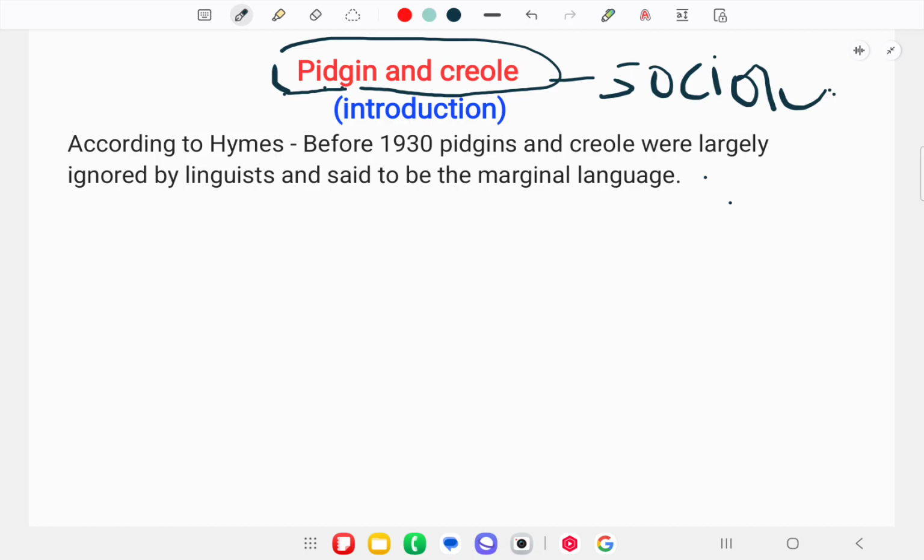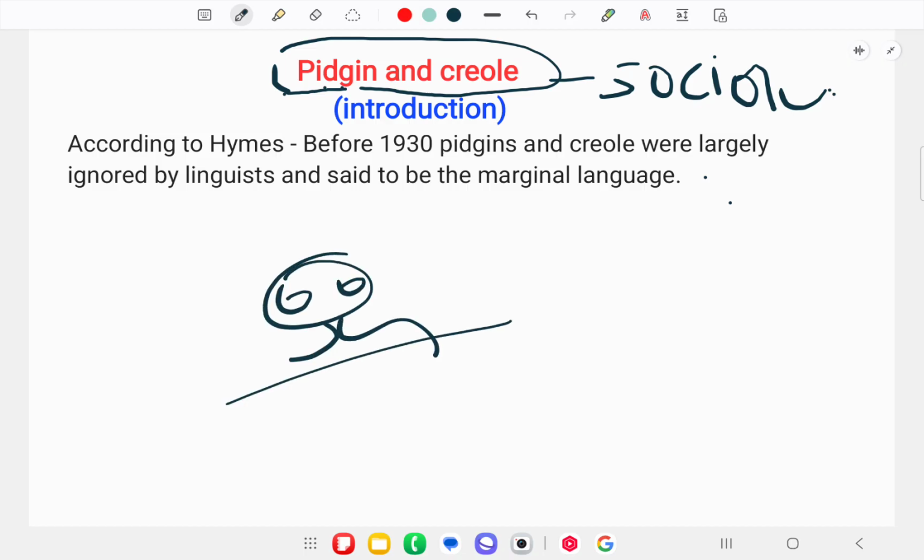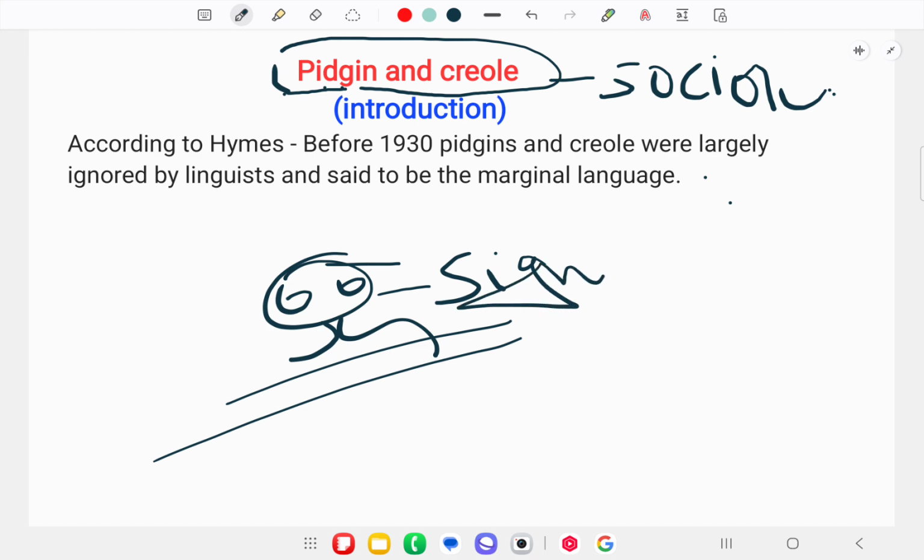Okay, so language has always been a struggle for us. When a new baby comes into this world, he uses sign language at first, meaning he tries to indicate the language that he wants to say from his mind.